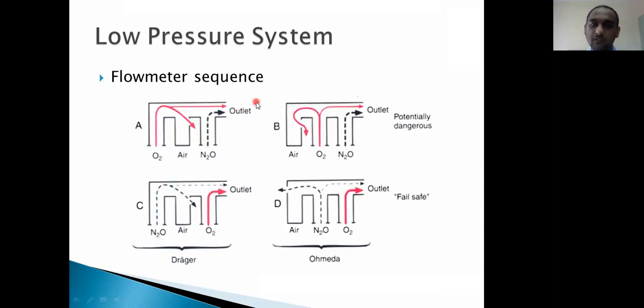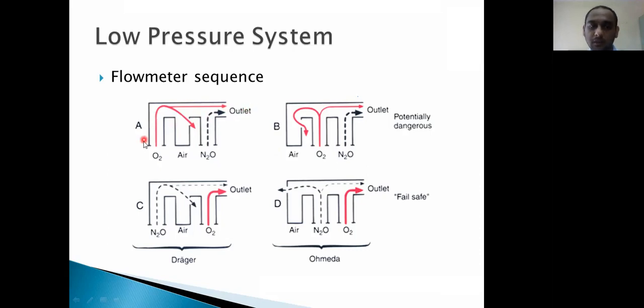So the flow meter sequence that I was talking about, where oxygen enters last into the common gas mixture. The reason behind it is, if oxygen enters prior to other gases, and if there is a leak in the flow meters of the other gases, there is a chance of part of the oxygen getting leaked from that particular leak source, and a lesser amount of oxygen will be provided to the patient.